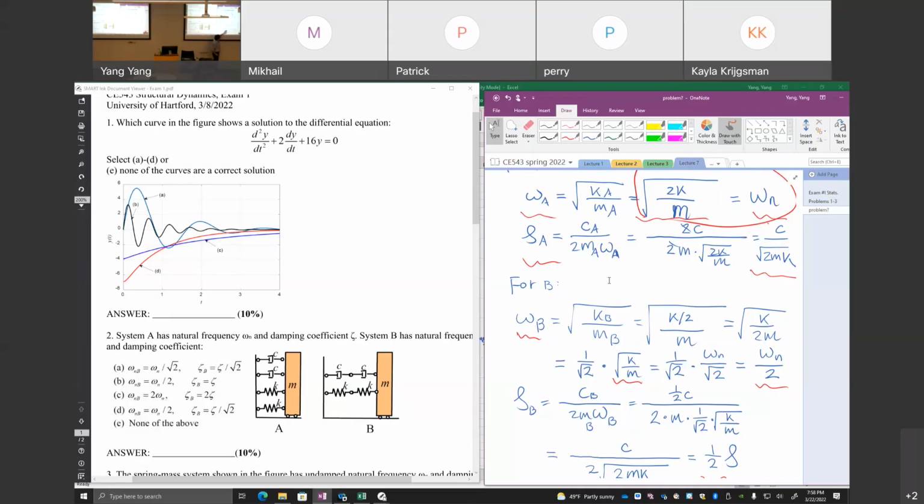Okay, but the question never really asked us to get a relationship. My thinking was just that square root of k over m is omega n, and that would just give us omega n over square root of 2, and the only one with that in the answer is A. It didn't really ask for a relationship, so I just calculated what omega B was without getting what omega A would be.